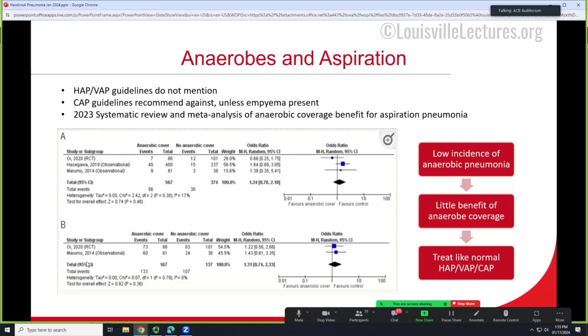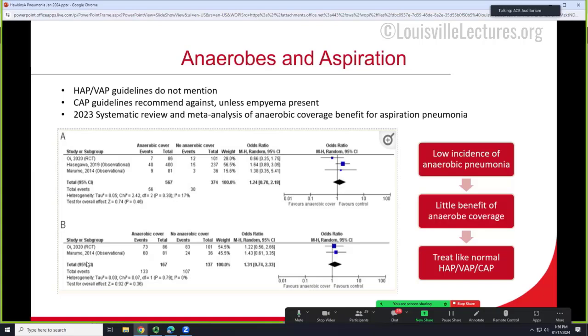This was a huge systematic review and meta-analysis in 2023, so probably one of the most recent publications we have about anaerobe coverage and aspiration pneumonia. Again, if you're still feeling like, well, but what if they swallowed their spit or their gut or what happened here? Your standards of care for community-acquired pneumonia and hospital-acquired pneumonia are going to cover your mouth organisms and your gut organisms.